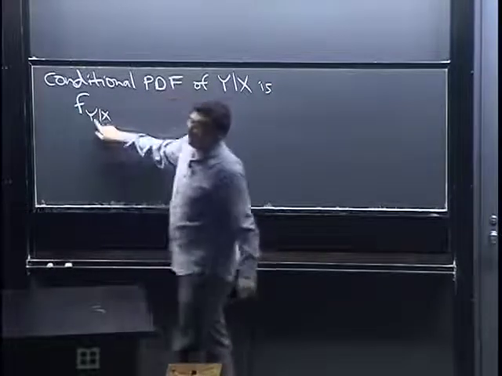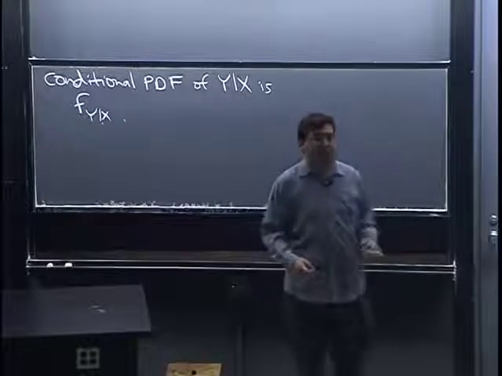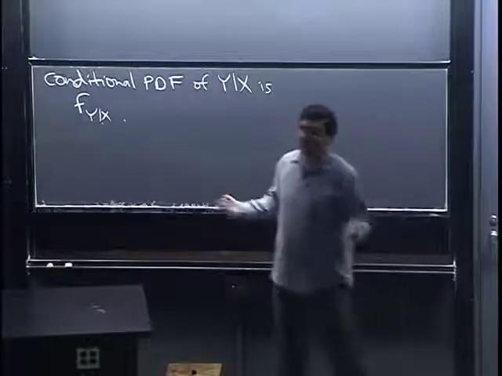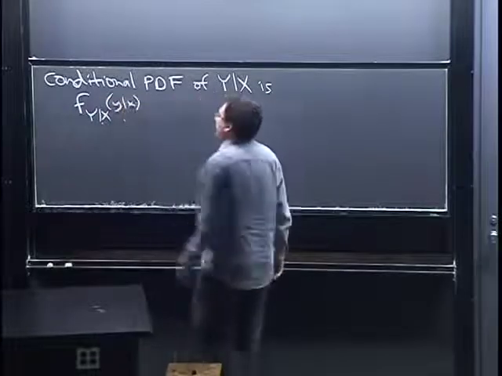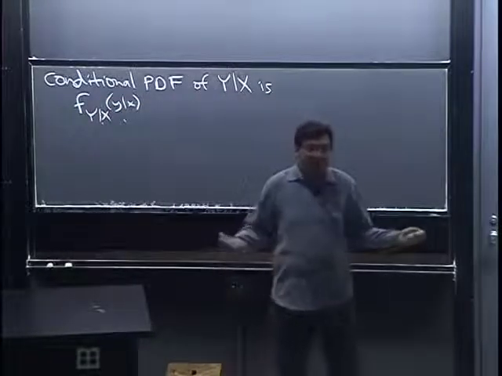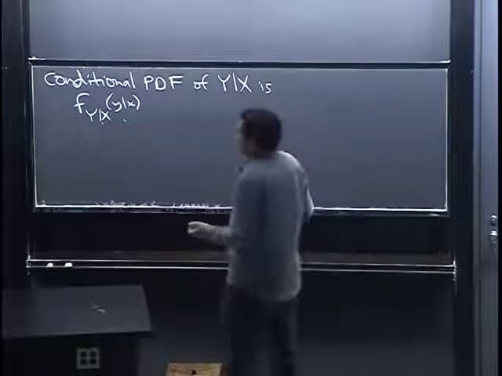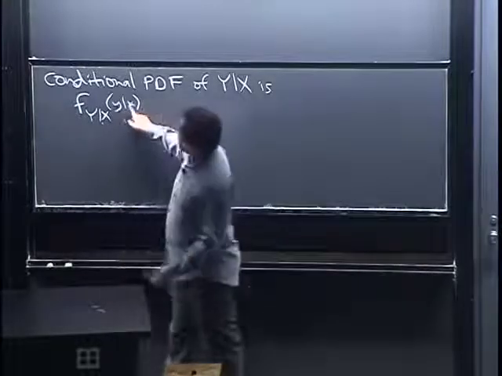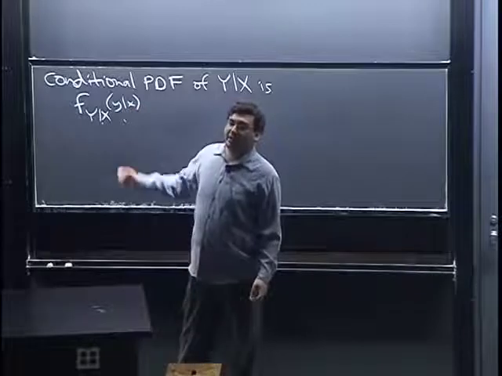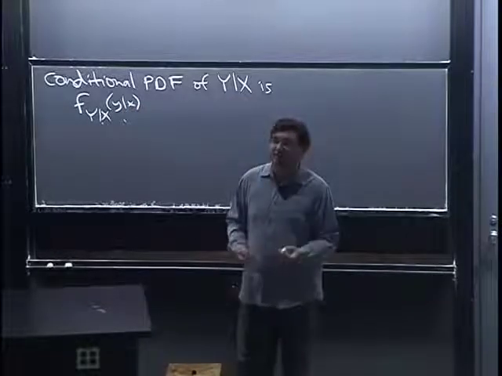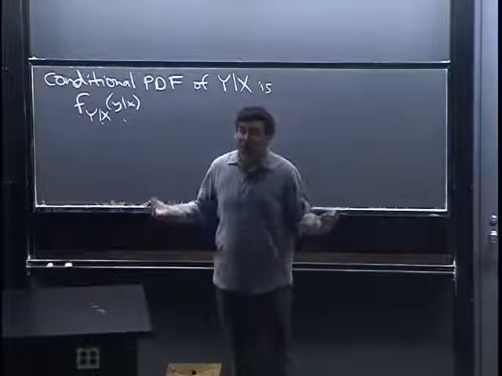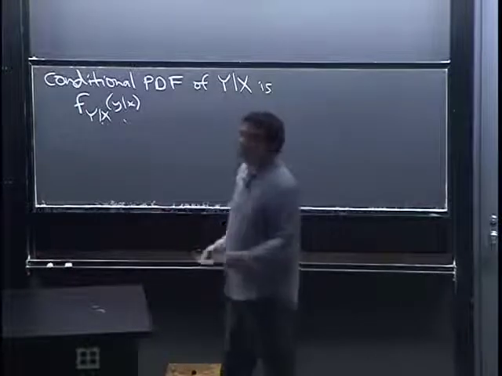Sometimes we'd put a subscript of y given x just for emphasis, and sometimes we may leave out the subscript just because it's clear from the context. Think of it as the PDF where we get to pretend that we know what x is. We get to observe what x is, okay? Given that information that we now know the value of x, what is the appropriate PDF for y?